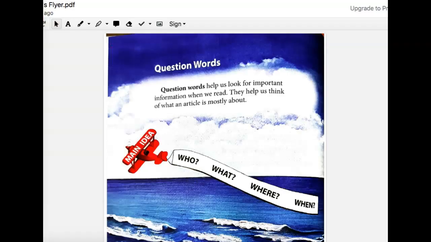All right, what are question words? Question words help us look for important information when we read. They help us think of what an article is mostly about. That means in order for us to find and understand the main idea of the article, we have to use these question words such as who, what, where, and when to think what this article might be about.